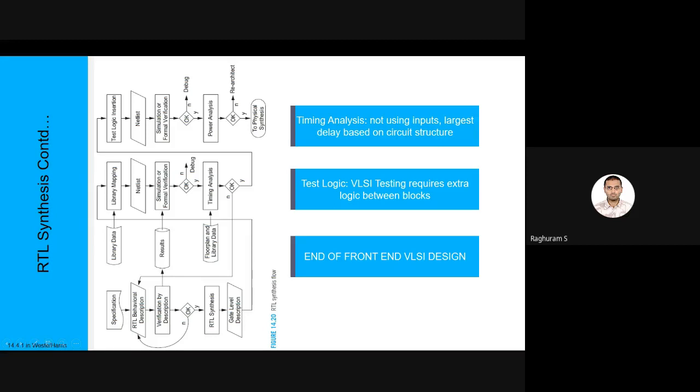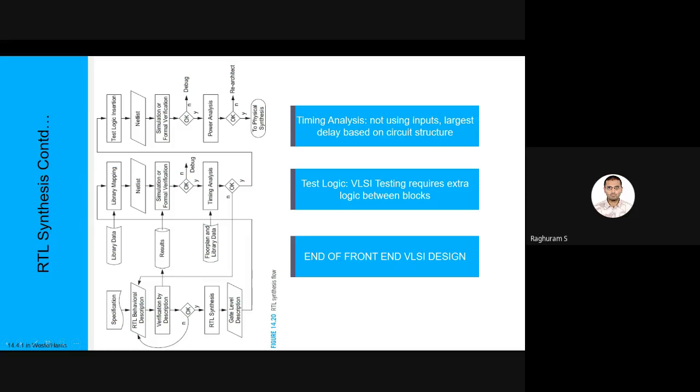Test doesn't require timing analysis because test is a different mode of operation, meaning either you are in normal mode producing the outputs, or you are in test mode where you're testing the integrated circuit. So testing generally doesn't change the timing, so we don't need to do a timing analysis, but we need to do a new type of analysis which is called power analysis.